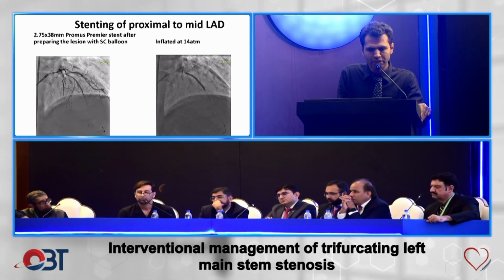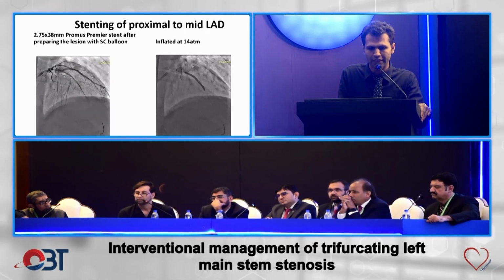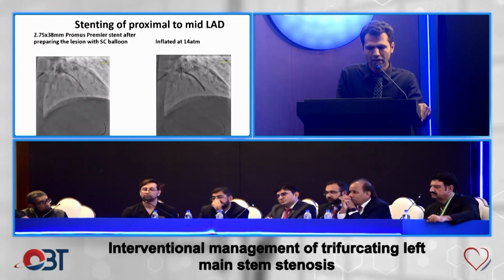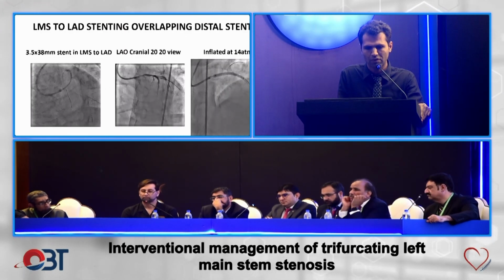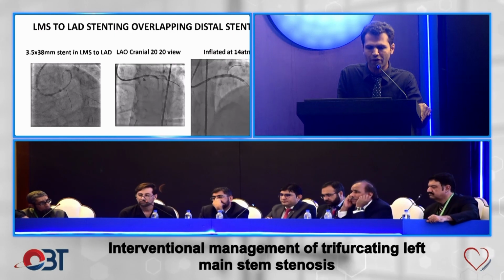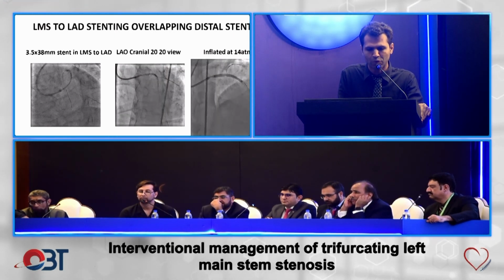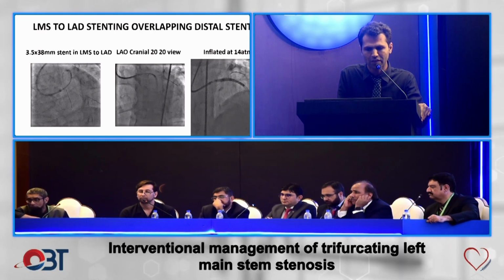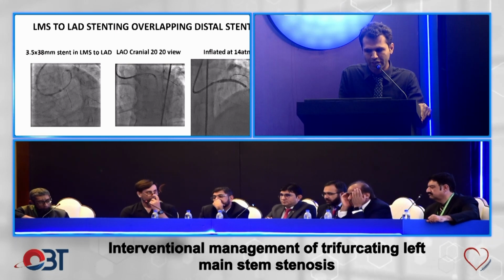A Promus Premier stent of 2.75 by 38 mm was placed and inflated at 14 atm. Another stent of 3.5 by 38 mm was taken and placed in left main stem to LAD, covering the distal LAD stent. These are the all cranial 2020 views.